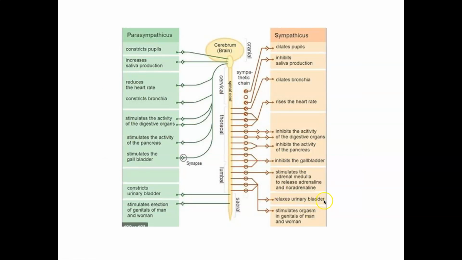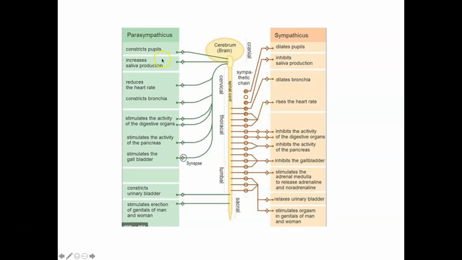And what this does is it shows you, okay, here's your brain, and you have your brainstem, and then you have the spinal cord, and it shows you how the sacral area, what it's influencing in the parasympathetic system, and then you have the thoracic and lumbar and what it's influencing in the sympathetic nervous system.